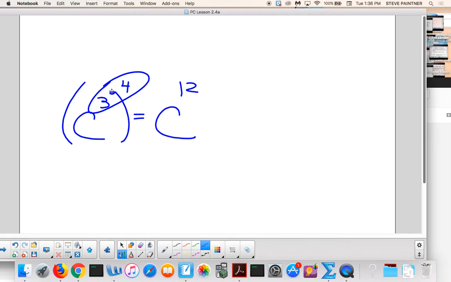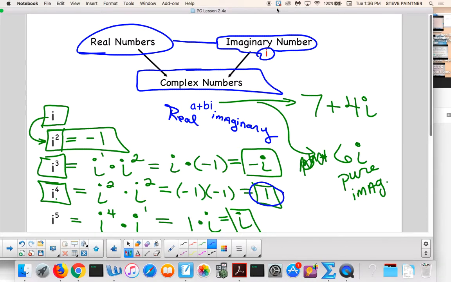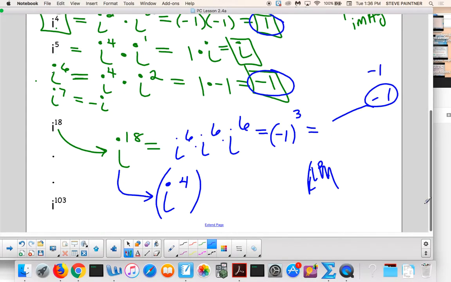So you know what I do? I just take my I to the fourth and I raise it to a power that gets me really close to 18. 3? 4 times 3 is 12. I can get closer. 4. I to the fourth raised to the fourth is I to the 16th.